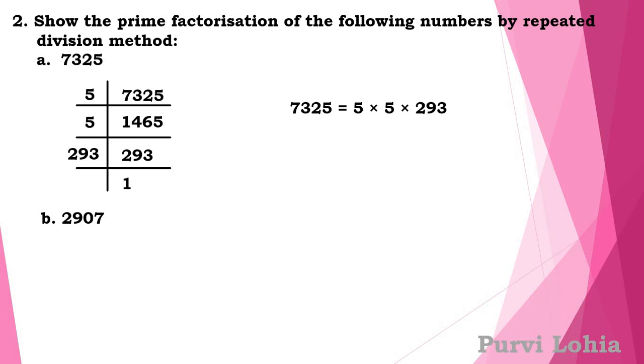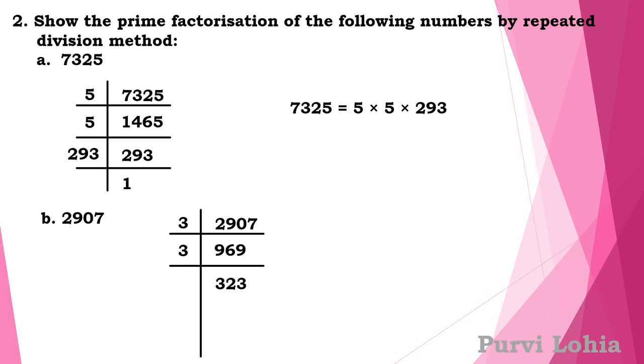2907. We will prime factorize it like this. Now, is it divisible by 3? Yes, it is. So, the quotient will be 969. Okay, it is again divisible by 3. So, it will be divided by 3 to give 323.